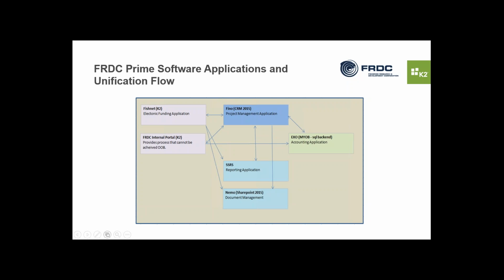While we use K2 for Fishnet, we also use K2 as an internal portal for running processes that perhaps are a little bit too complex for CRM out of the box. And we're using K2's workflows to talk directly to CRM and talk to EXO as well.